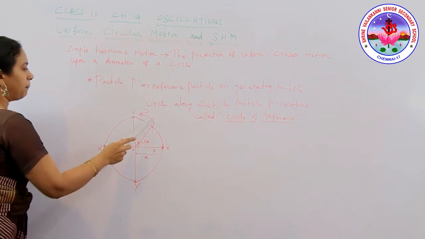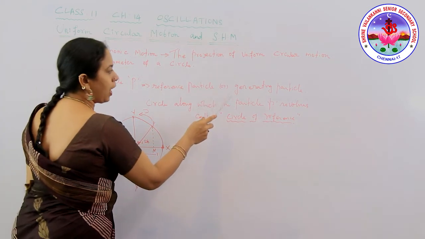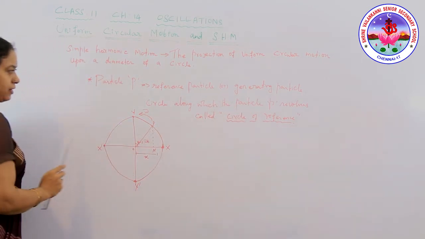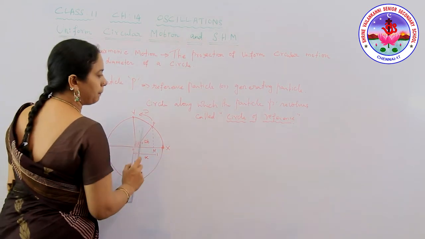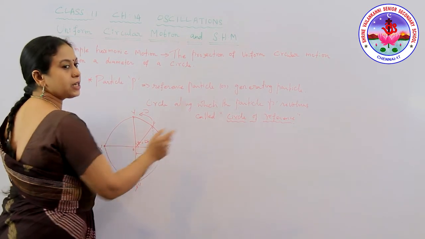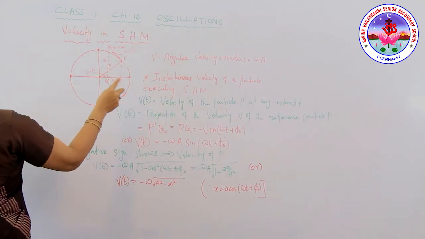Here the particle P is the reference point, or generating point, and the circle along which the particle P moves we call the circle of reference. Now, velocity in simple harmonic motion.